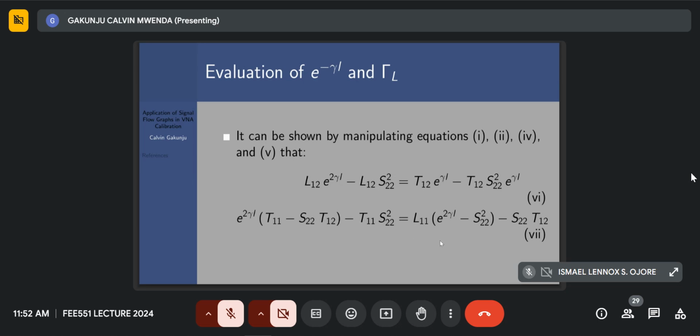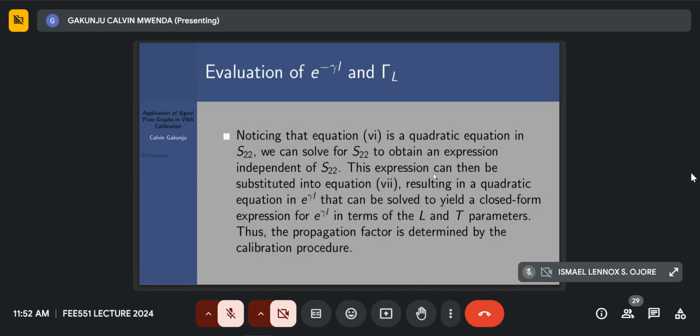And solving that quadratic equation gives you a closed form for e power gamma L. And this is what is explained here.